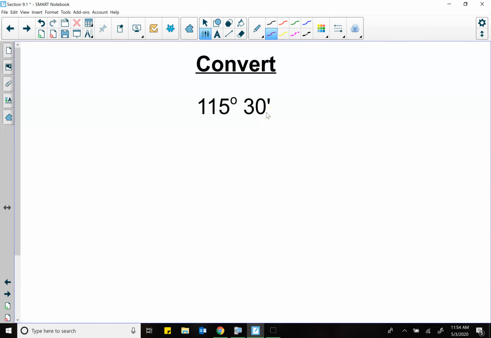Okay? So, first thing is, we need to take 30 divided by 60. So if you take 30 divided by 60, you get 0.5. So now we know that we're working with 115.5 degrees.